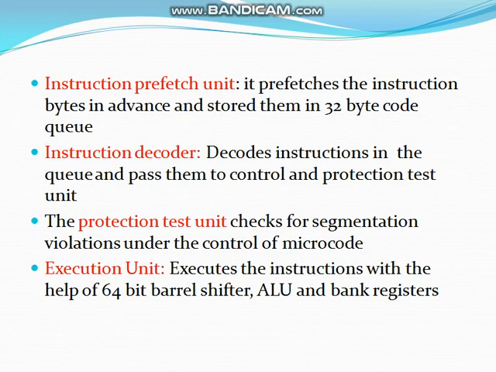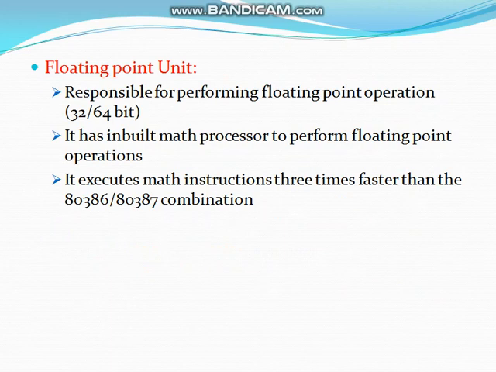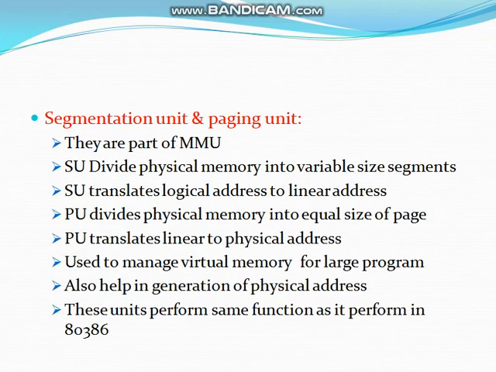The execution unit executes the instructions with the help of a 64-bit barrel shifter, ALU and register bank. The floating point unit is responsible for performing floating point operations, either 32 or 64 bit. It has an inbuilt math coprocessor to perform this. It executes math instructions 3 times faster than the 386 and 387 coprocessor combination.